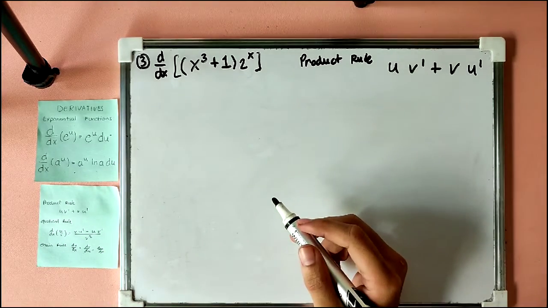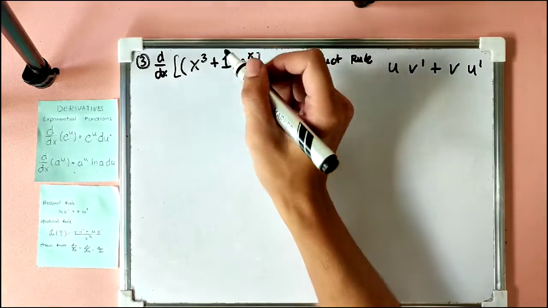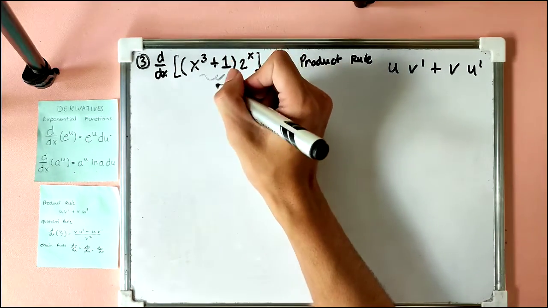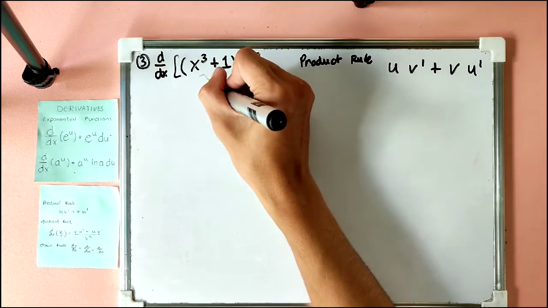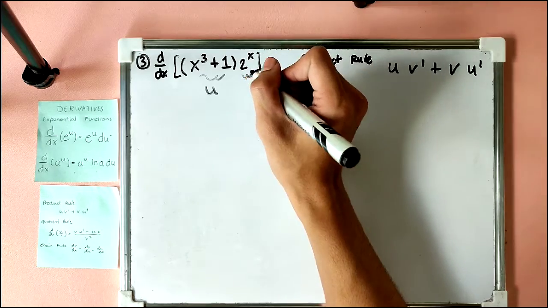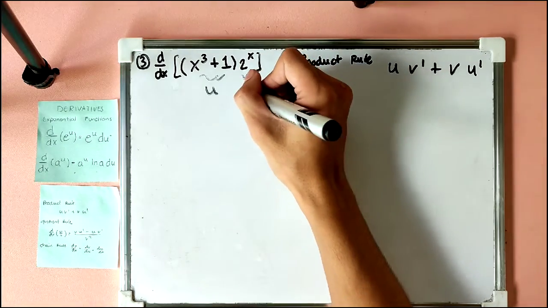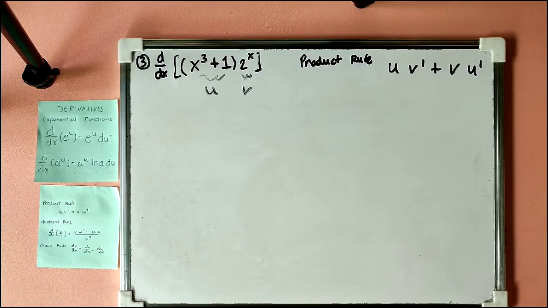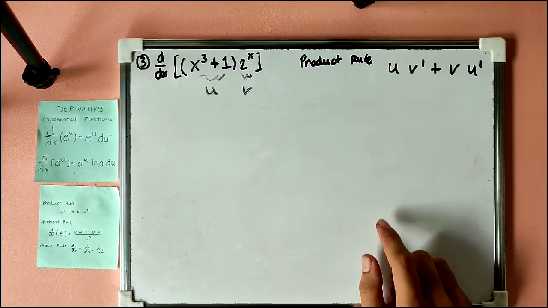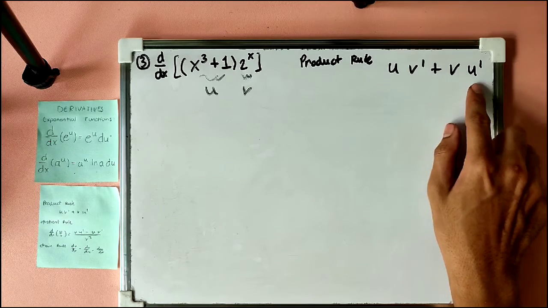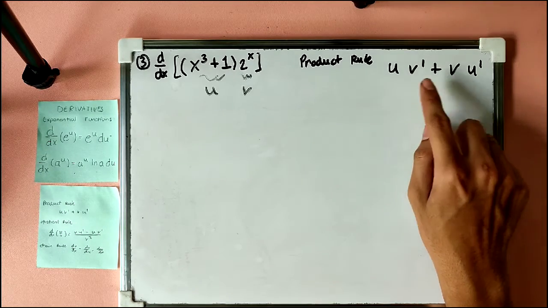So itong x cubed plus 1, gawin natin siyang u, then 2 raised to x, ito ang gawin natin siyang v. So para magawa natin itong product rule, kailangan muna natin hanapin yung u prime, yung v, and yung v prime.